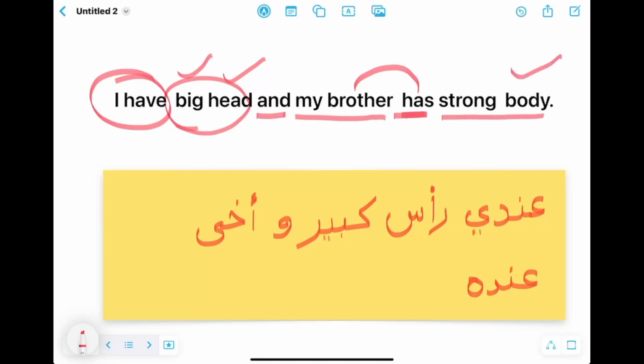First translate the body. What is body? Jism, right? J. S. M. Jism. Strong. What is strong? Qawiyun. Very good. Come on, let's read it. عندي رأس كبير وأخي عنده جسم قوي.